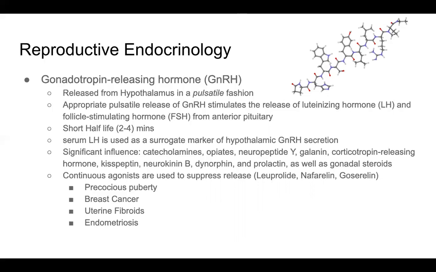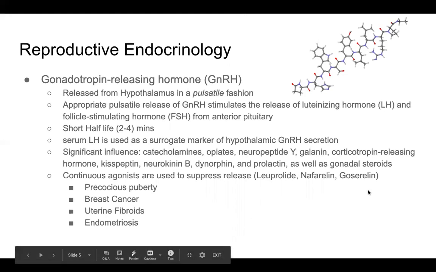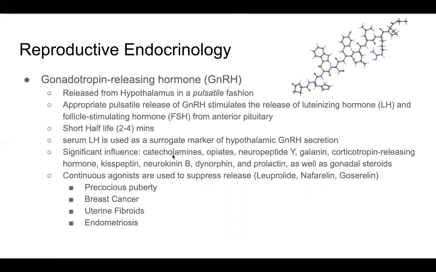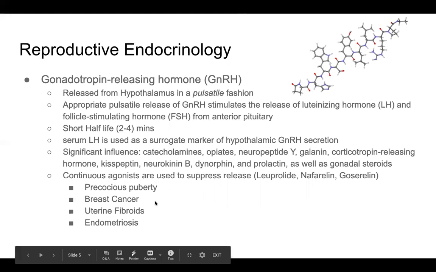So that is a huge area of pharmaceuticals where you can target via agonists, which are listed down here, to disrupt this normal HPO, or hypothalamic-pituitary-ovarian axis, which can be used to treat these things that we'll talk about in a second.